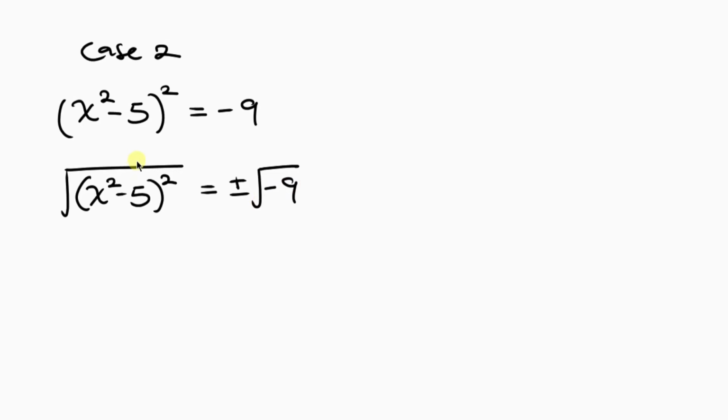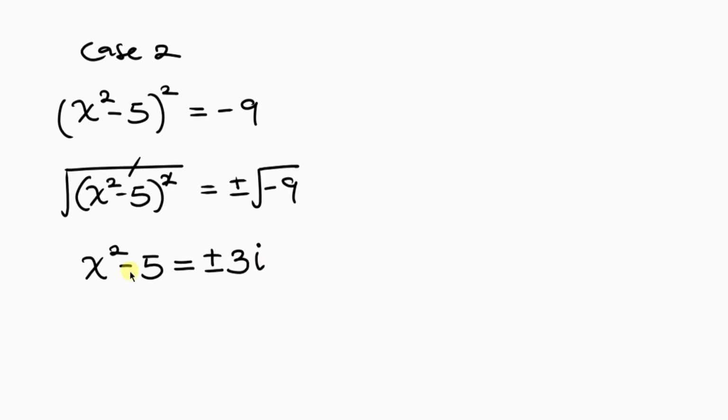Now notice that this square root cancels out the square, leaving behind x² − 5 to be equal to plus or minus. Now notice that inside of this square root we have a negative number, which means our result will be a complex number. So I'll take the square root of 9, which is actually 3. Because of this negative, I'll have a complex value known as i.